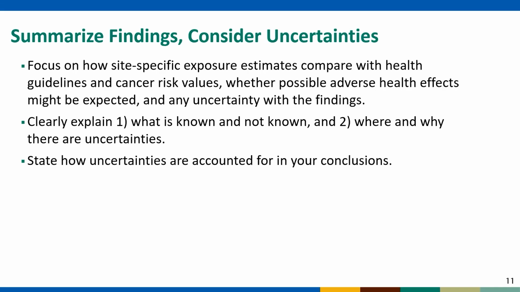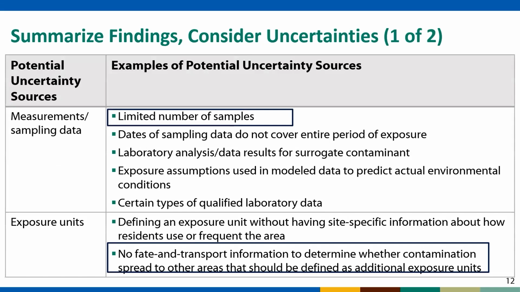We will discuss some of those next. This table has different types of potential sources of uncertainties to look for, and examples of each type related to material covered so far in the PHA process. Rebecca will point out other uncertainties and limitations related to defining exposure units.